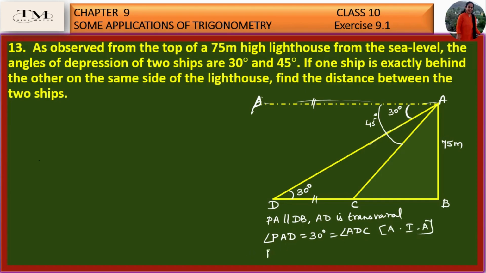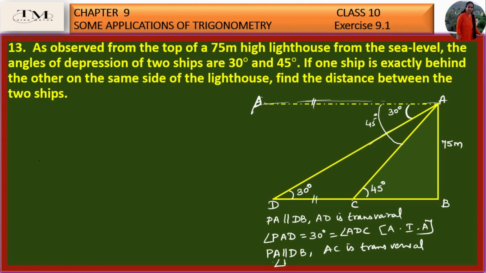In the same way, PA is parallel to DB, and here AC is the transversal line. So with the same alternate interior angles, PAC will be equal to ACB, which is 45°.